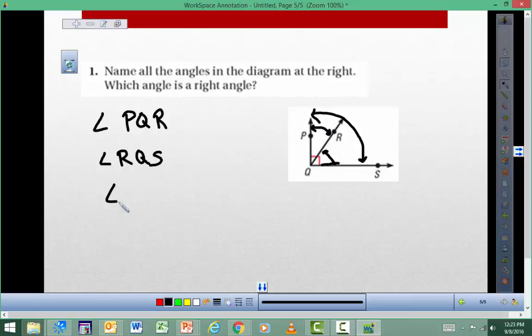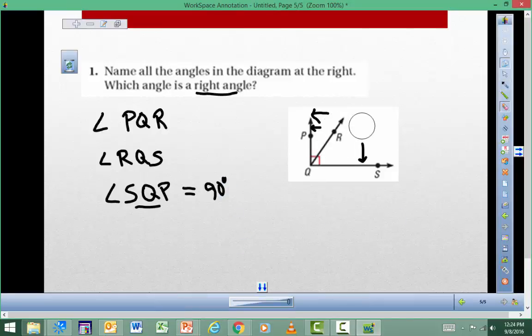SQP, right? Angle SQP. This is too easy, right? Now, if we're clever and we recognize certain symbols in the diagram, we should be able to figure out which one's the right angle. PQS. Well, that's this one, right? And so that one is equal to 90 degrees. And how do we know that?